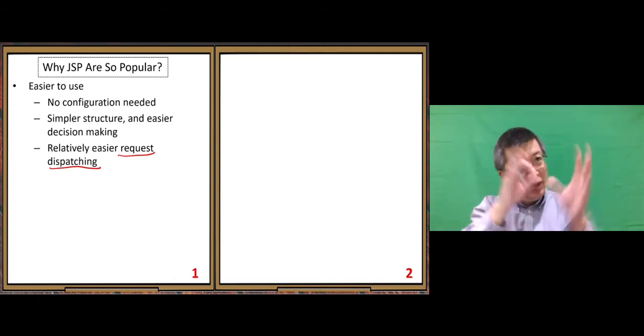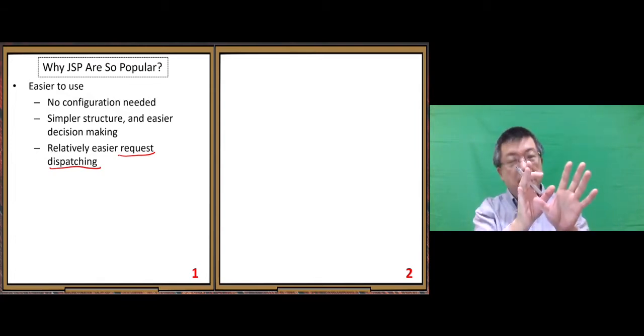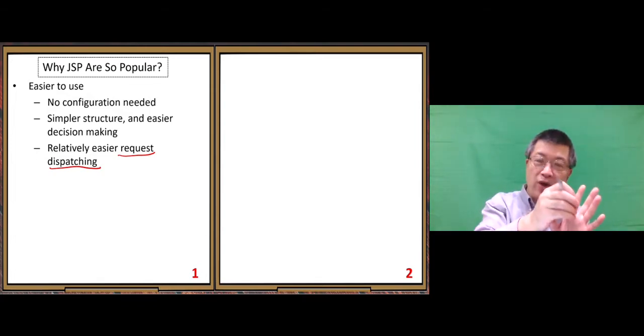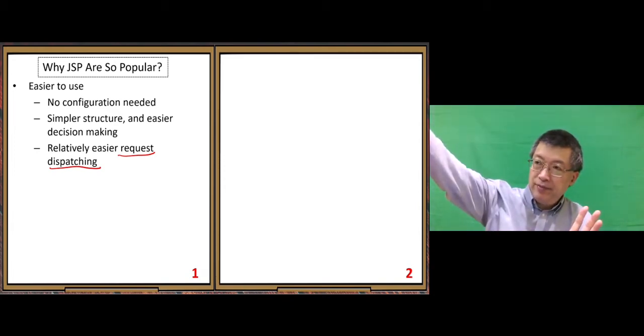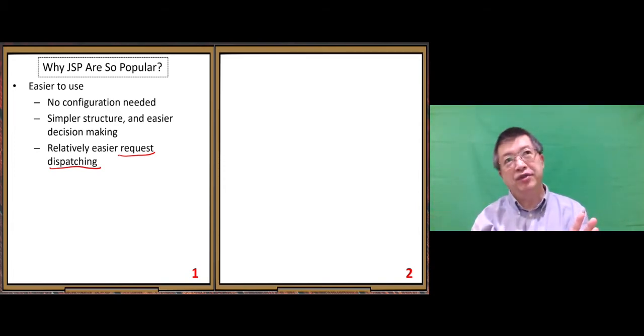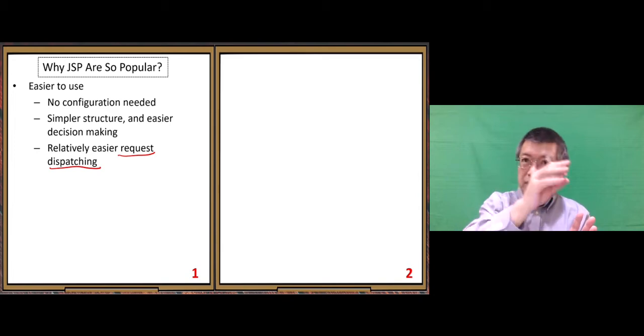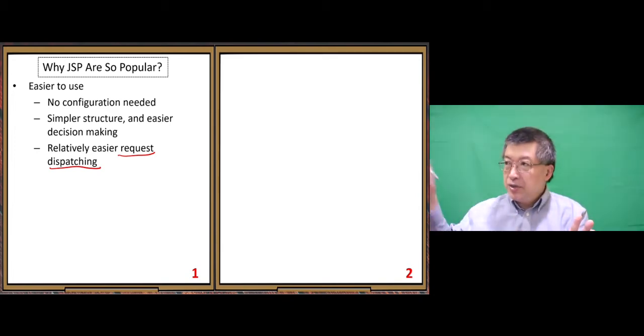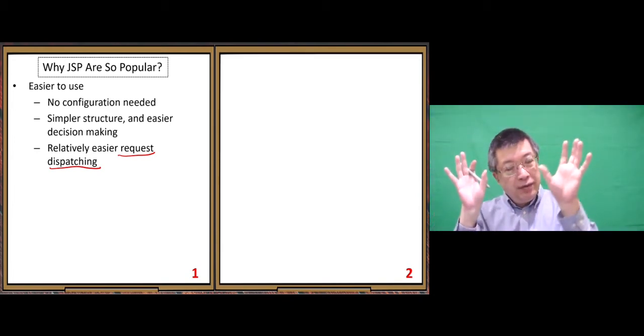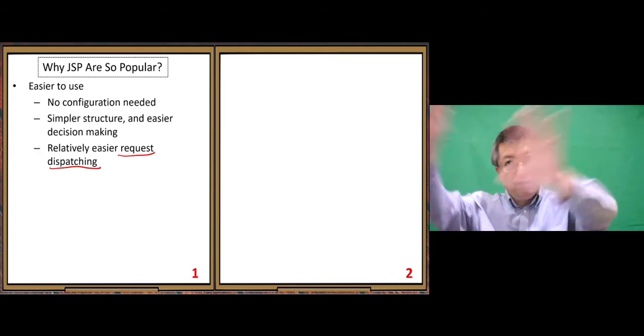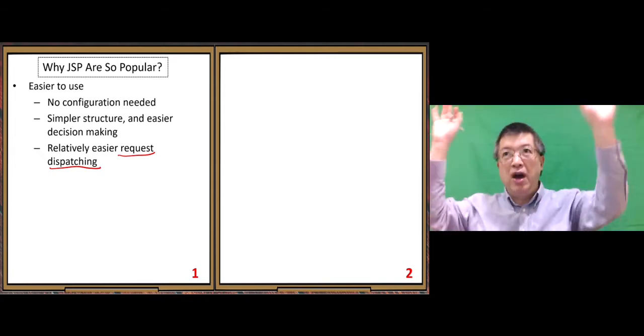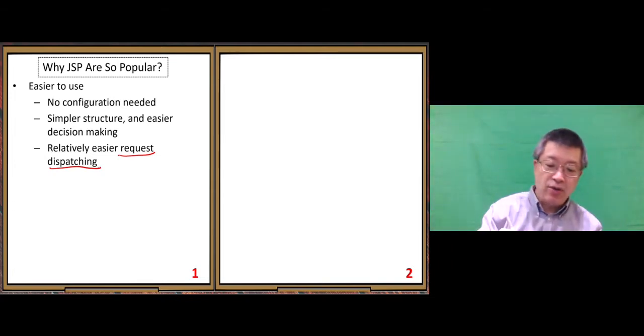After some situation happens, you want to send this request to another data processing file. So under different business situations, you need to send the request to different data processing files. That's request dispatching.